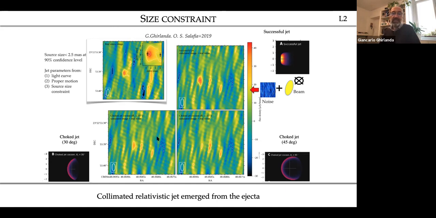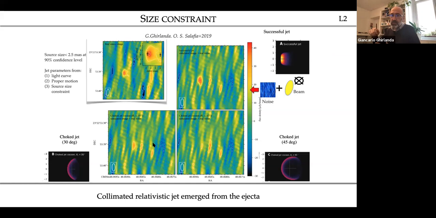The reason, as I tried to explain before, is that in the case of a choked jet, the size expansion is so much that the source becomes so large and distributes its brightness over such a large area that, with the resolution we have with the radio telescope, it becomes resolved.